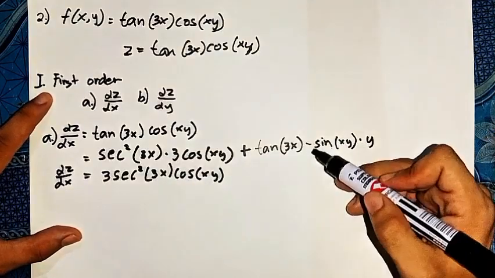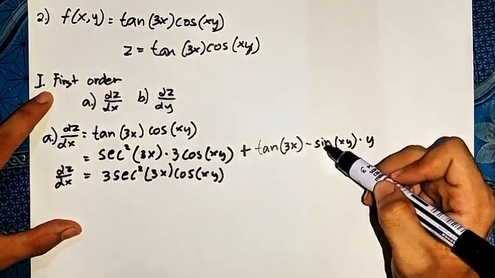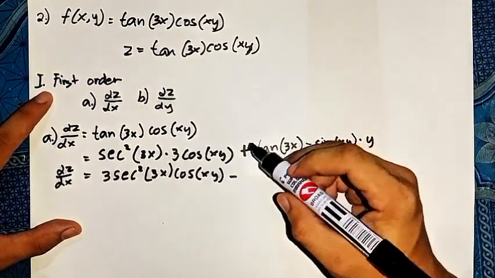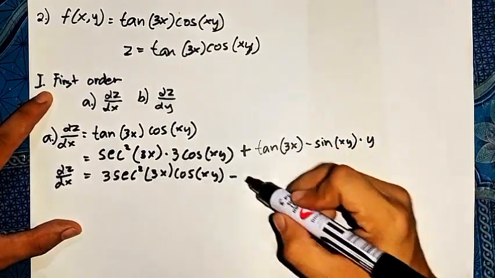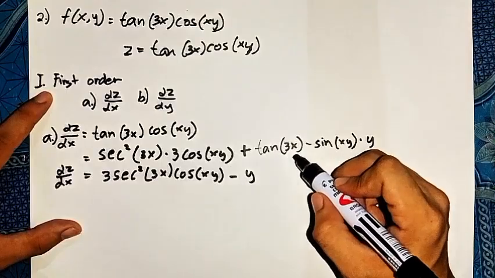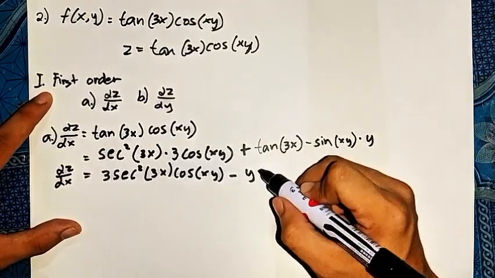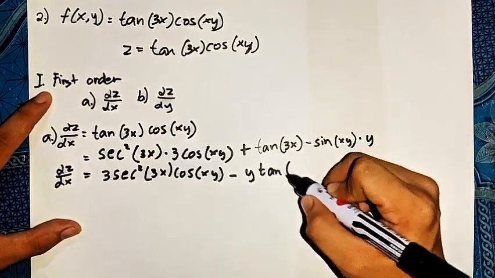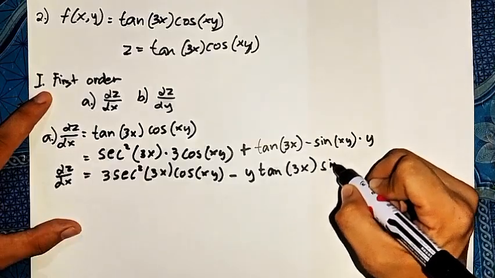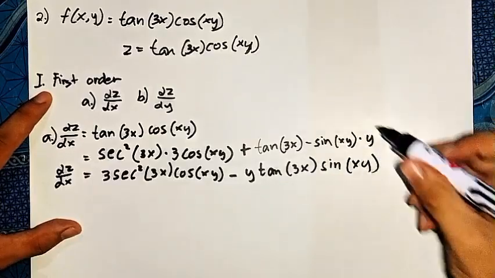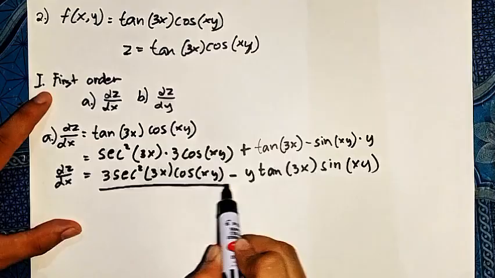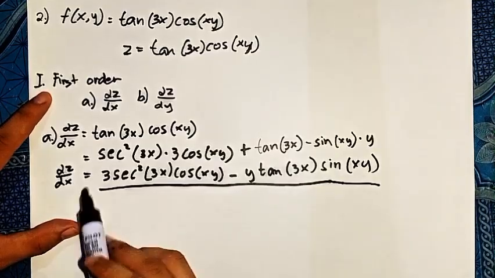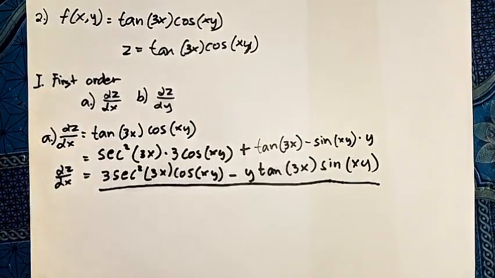Since we have a negative sign here, positive times negative, which is negative. So we have y tangent 3x times sine xy. We have tangent 3x sine xy. This is now the partial derivative of z with respect to x.